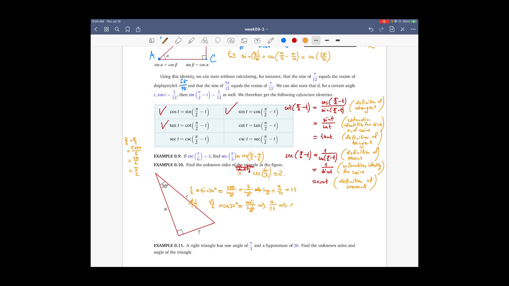So from here, A is 14 times root 3 over 2, or simply 7 roots of 3. We can check the Pythagorean theorem, verify our work.